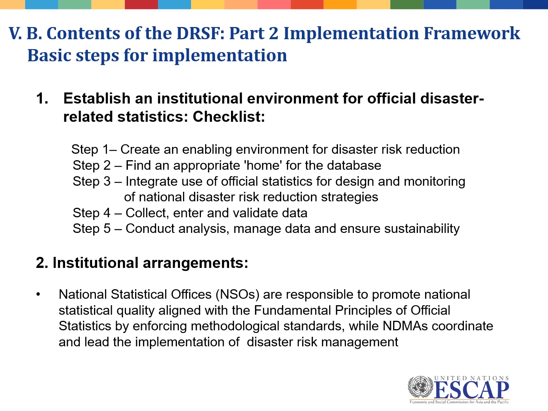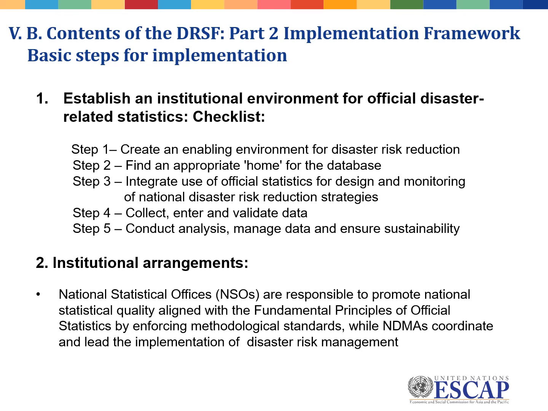So now that we have finished with the contents of part 1, let's move to the second part, which is the implementation framework. It outlines here the basic steps for implementation of the disaster-related statistics on the national level.